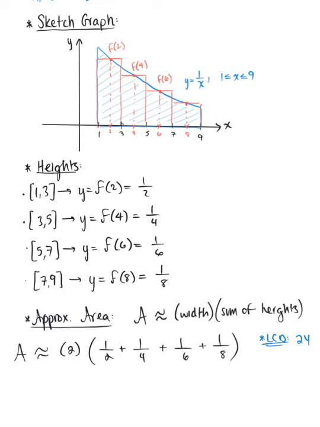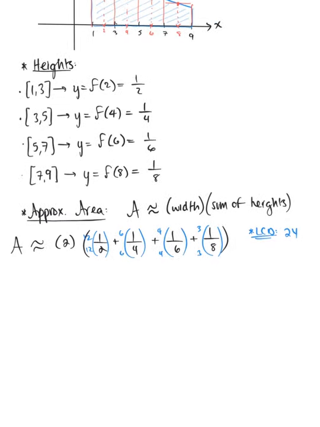We can think about multiplying the numerator and denominator of 1/2 by 12, of 1/4 by 6, of 1/6 by 4, and last but not least, of 1/8 by 3.